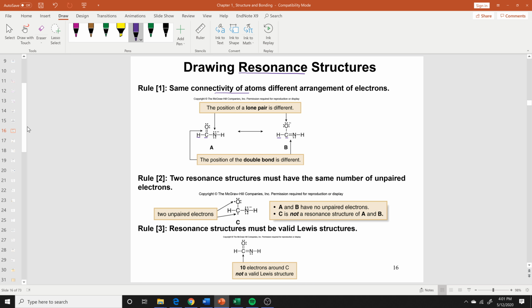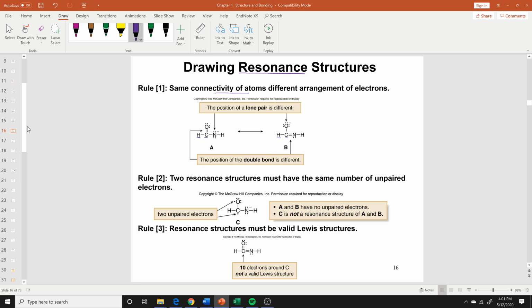They should show the same charges all over. The second rule: the number of electrons should always be the same. So I cannot have, for example, here I have a structure C. Structure C has unpaired electrons. Unpaired electrons means one electron.